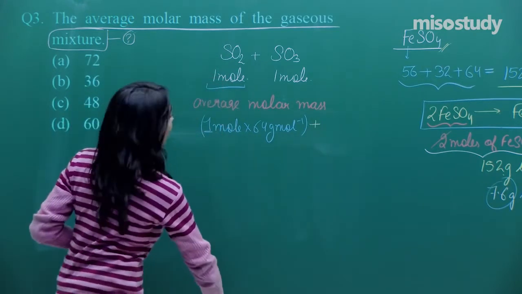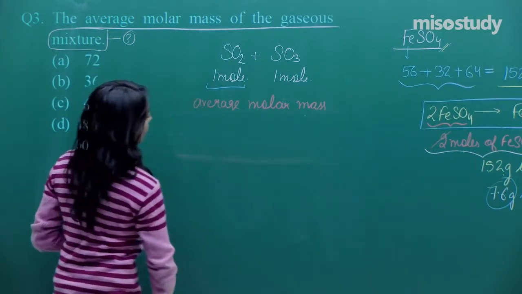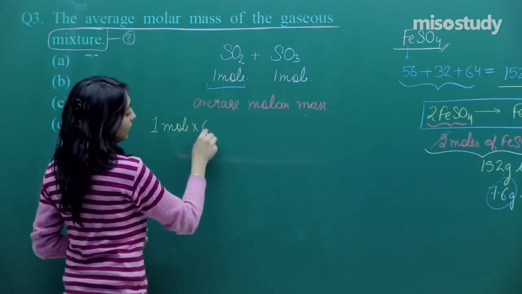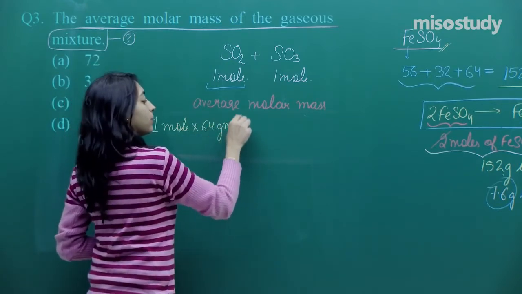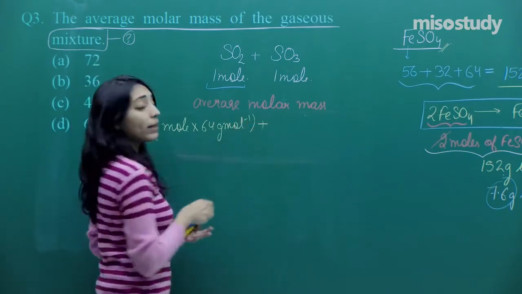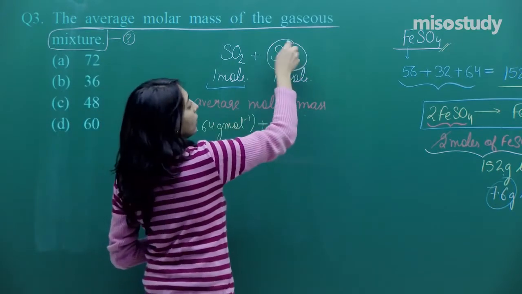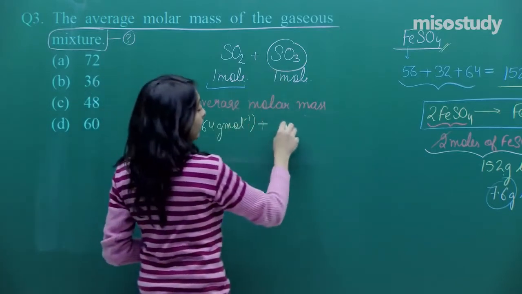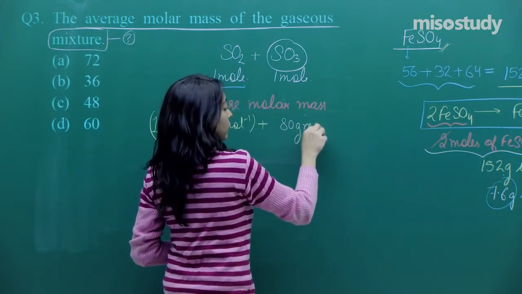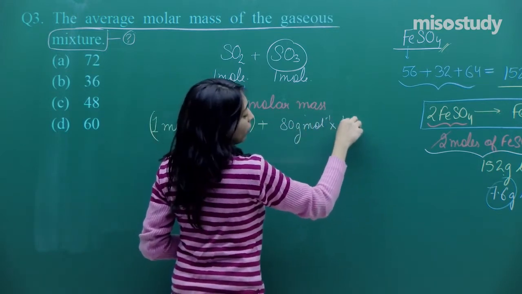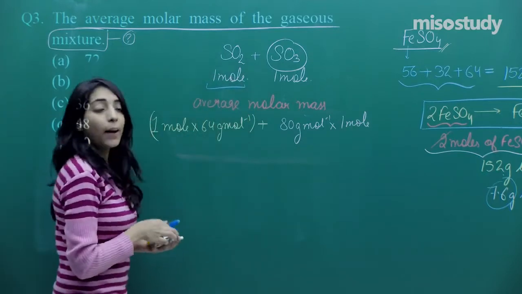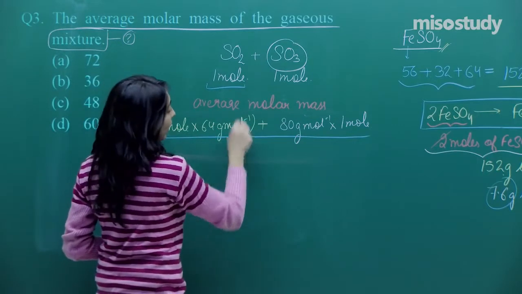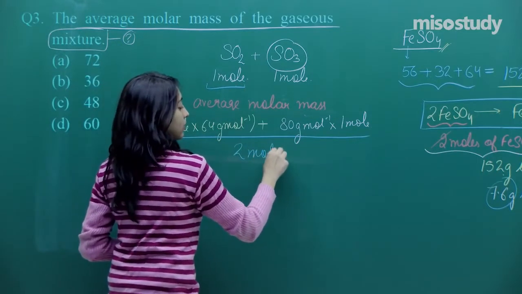Plus, I will add to it what? Let me just write it a little to the left hand side. So, I have 1 mole multiplied by 64 grams per mole, plus what is SO3? 16 into 3, 48 plus 32, which comes out to be 80. 80 grams per mole into again 1 mole. But now we have to divide it by the total number of moles, which is 1 plus 1, 2 moles.